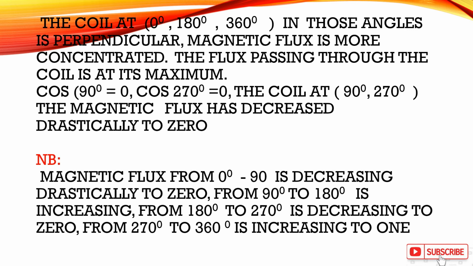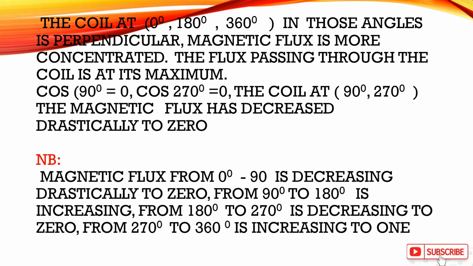Then cosine 90 degrees is equal to 0. Cosine 270 degrees is equal to 0. At 90 degrees and 270 degrees, the magnetic flux has decreased drastically to 0. Note, the magnetic flux from 0 degrees to 90 degrees is decreasing to 0.